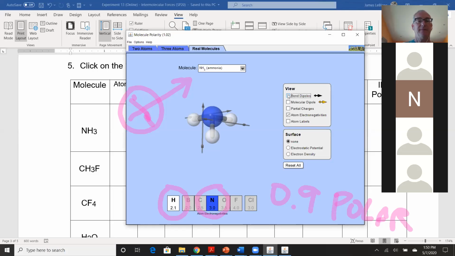Remember that there is a pair of electrons here. Nitrogen has a lone pair. So what do you think the bond angle is going to be between them? Remember, with a perfect tetrahedron, it's about 109.5 degrees for a perfect tetrahedral shape.